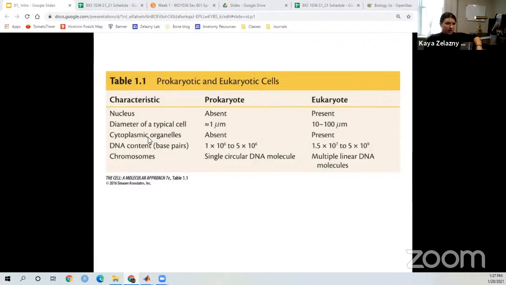Those are named organelles, and we'll go through the different organelles in a couple weeks. You'll see them in eukaryotes, not in prokaryotes. There are also differences in their DNA. We're not going to delve into that too deeply right now, or really in this course, but you should know that prokaryotic and eukaryotic DNA just look different. It's true, they look different.